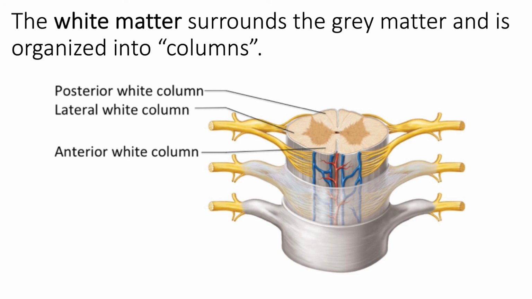And then on the posterior aspect of the spinal cord, there is a posterior white column, a right posterior white column and a left posterior white column. The columns are myelinated axons ascending to the brain or descending from the brain.